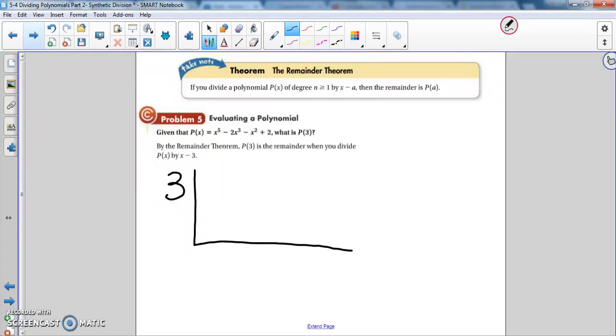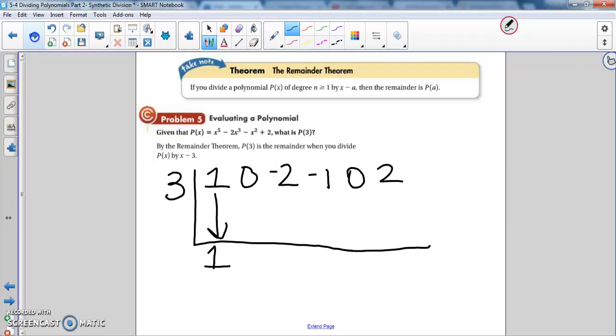I'm going to take my coefficients. So my first power is 5, coefficient 1. I do not have a term with an exponent 4, so I'm putting a 0 because we need to hold that place. Then -2, -1, 0 again for my exponent 1, and then 2.